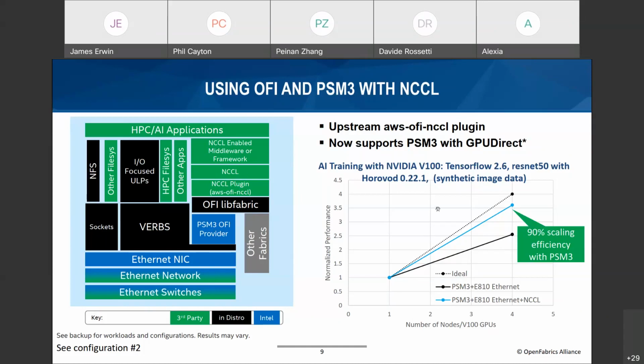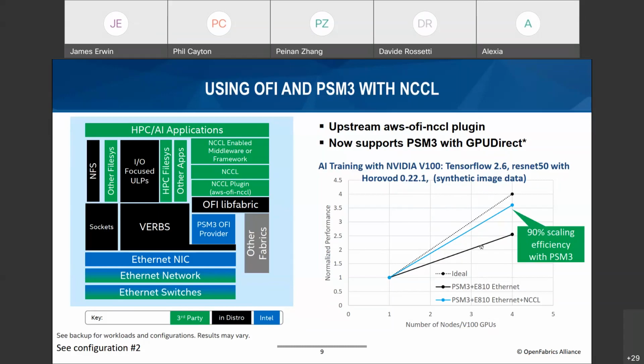So here's an example of a benchmark on a small internal cluster we have to demonstrate this capability. This is an AI training workload, TensorFlow 2.6 with Horovod using ResNet 50. And this is a 4-node cluster with NVIDIA V100s. We do have A100s as well, which I'll be showing some performance from on the next slide.